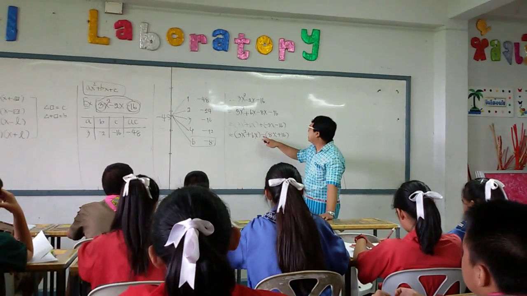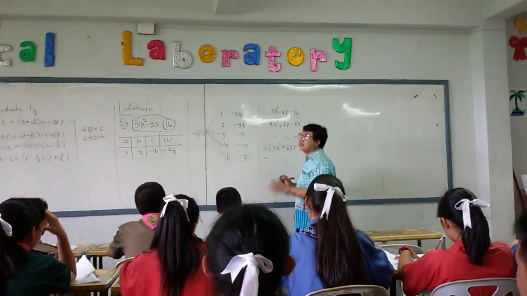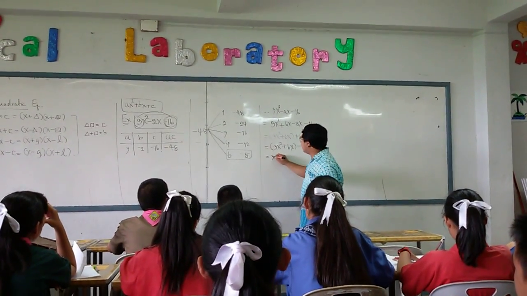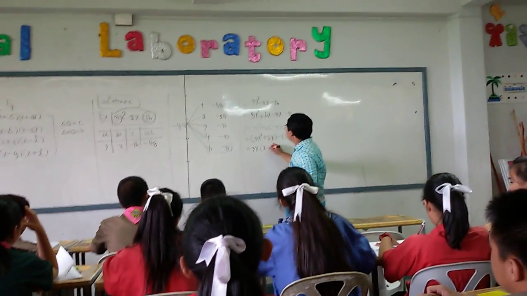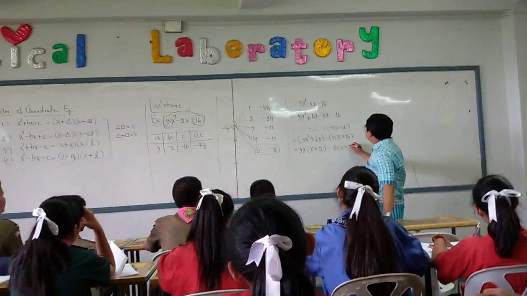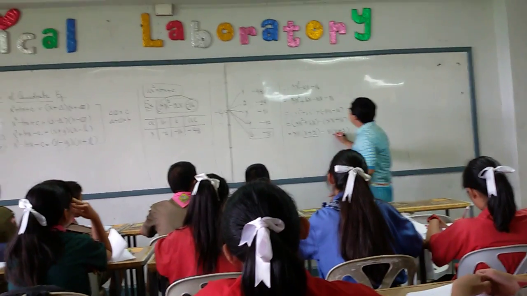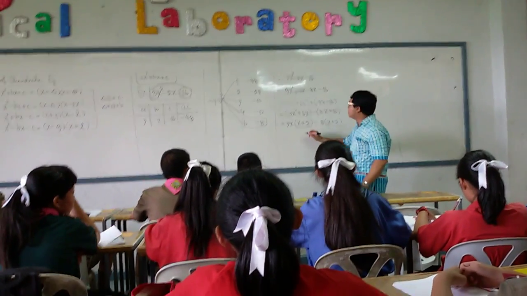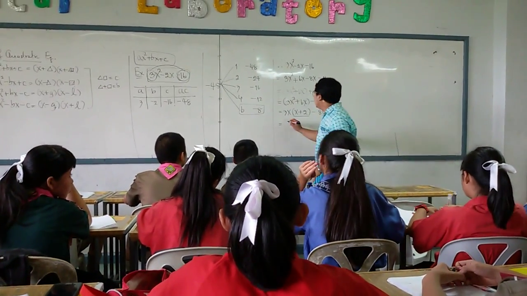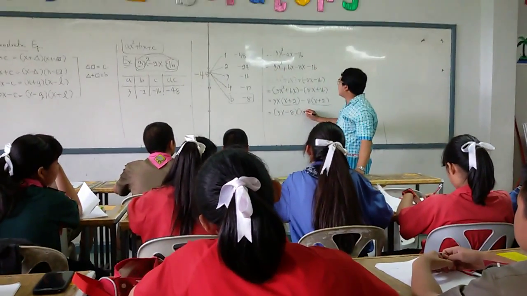Then we factor the common factor of each group: the common factor is 3x, so 3x times x plus 2, and minus 8 times x plus 2. Oh, this has the same term, x plus 2. So we use factorization by grouping. We get 3x minus 8 times x plus 2.